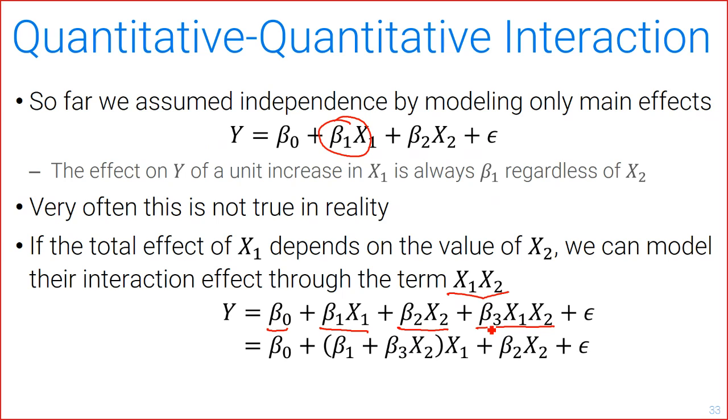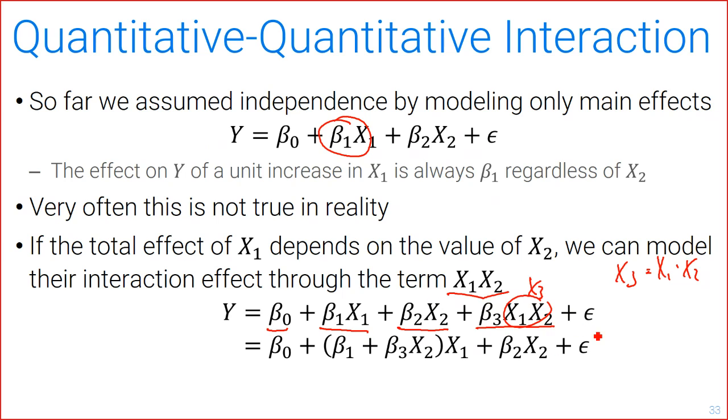And if you think about it, you could just define a variable x3 equal x1 times x2, and it will be just another term in the model, another variable. We just happen to know that it corresponds to the product of x1 and x2, but you could just look at it as another coefficient beta 3 for variable x3.